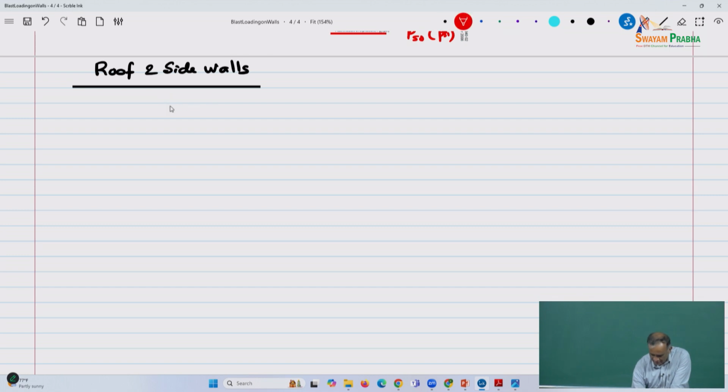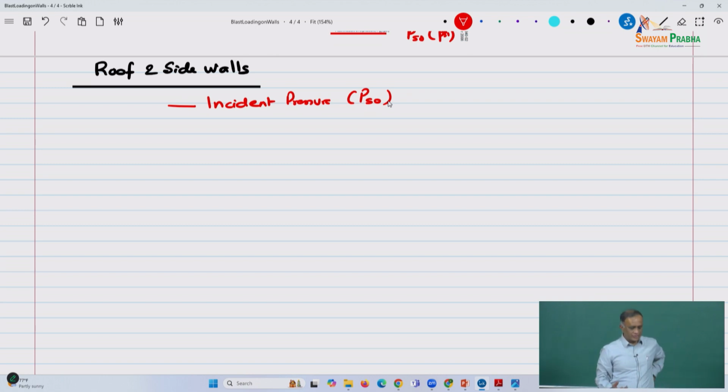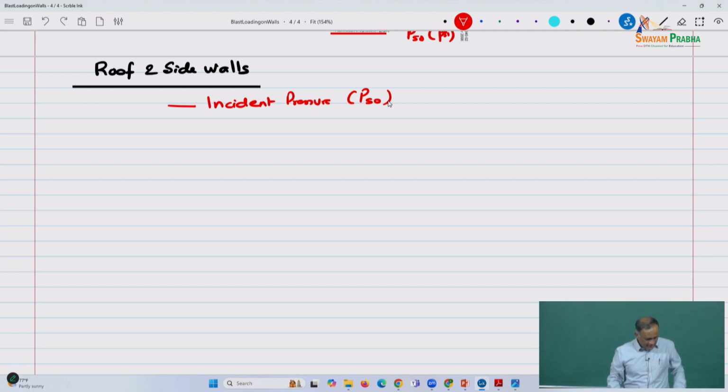Some basics before I bring in a picture. This pressure uses the incident pressure, or the side-on pressure. That's why in the case of buildings they call it side-on, because it is applied from the sides, but under normal circumstances you would call it PI.